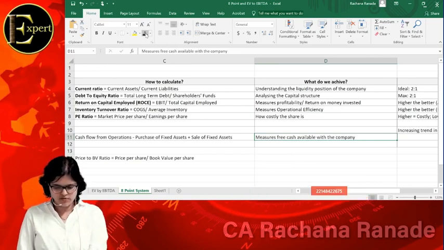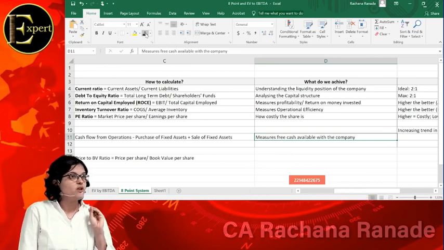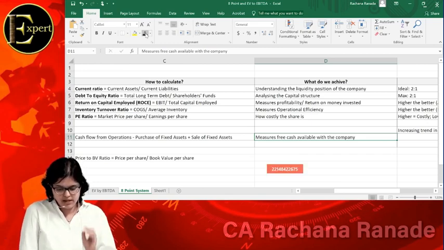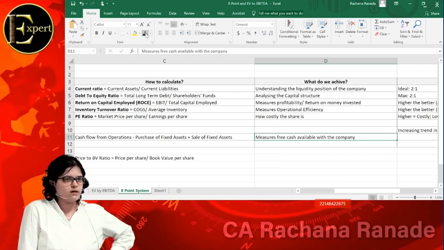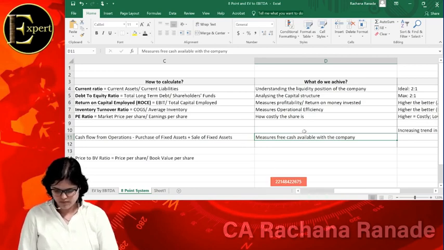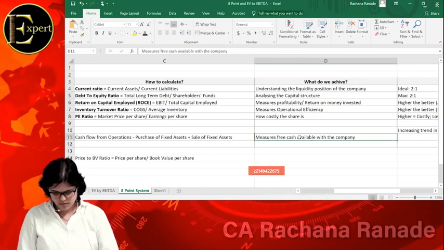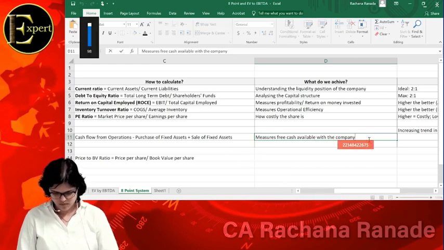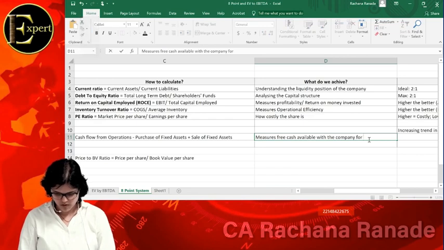What do we achieve? We get to measure the free cash available with the company. Correct? For what? For operations of the business.